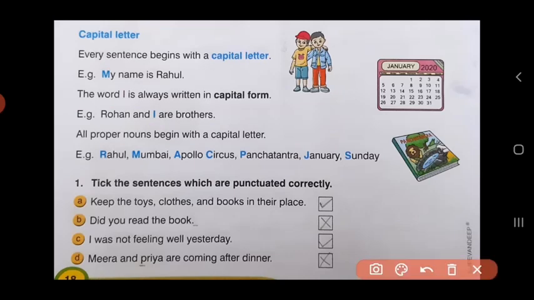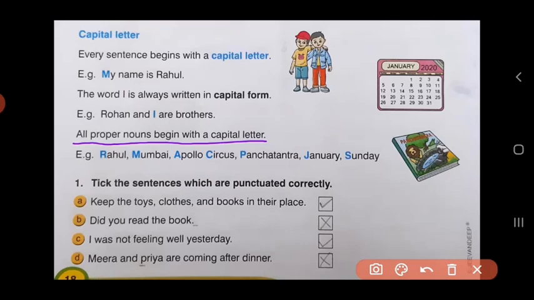Third point, all proper nouns begin with a capital letter. What are proper nouns, children? We have already studied them. They are names of people, places, animals, birds.